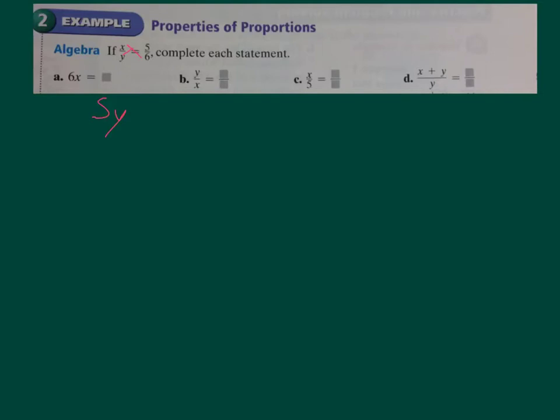If we put y over x for this one, then we're going to put 6 over 5 for this one. x over 5 would be y over 6, and x plus y over y should equal 5 plus 6 over 6, which you would then, of course, simplify to 11 over 6.